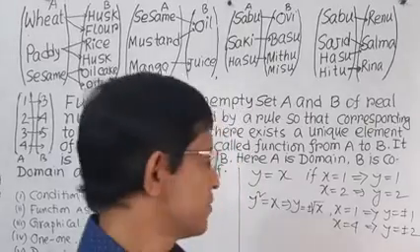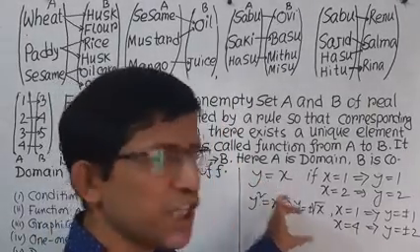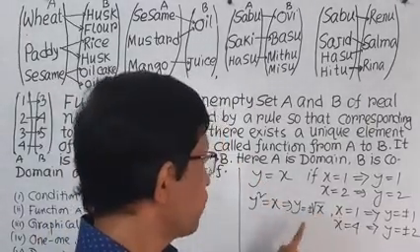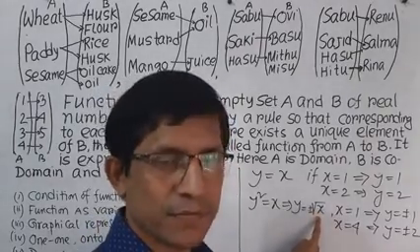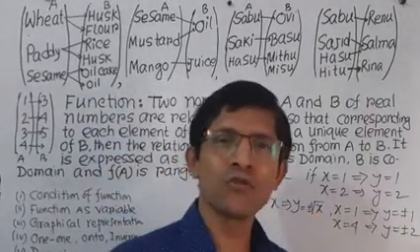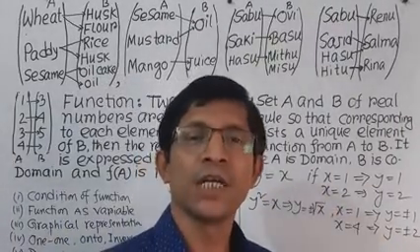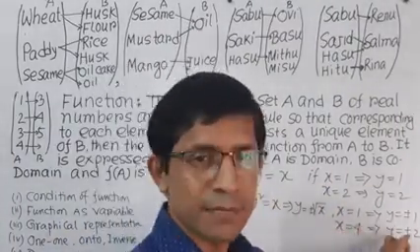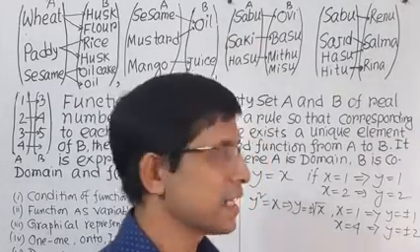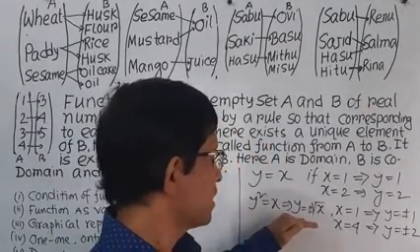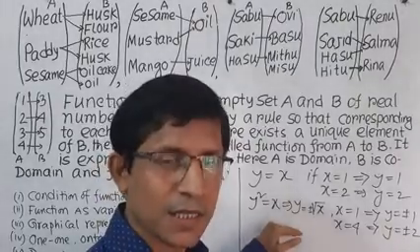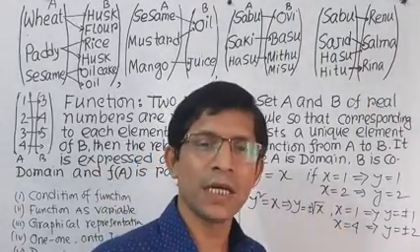You can easily observe that if you put one value of x, you will get two values of y. One value of x, but two values of y. So we can say for each element of x, we will get two elements of y.